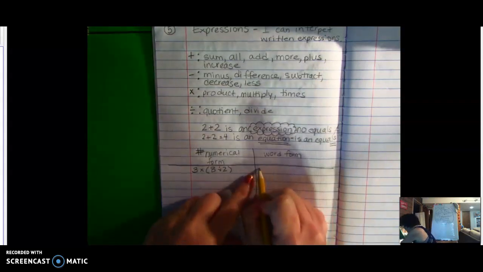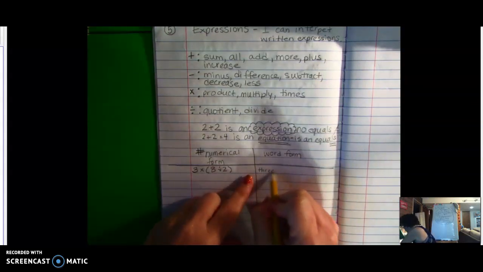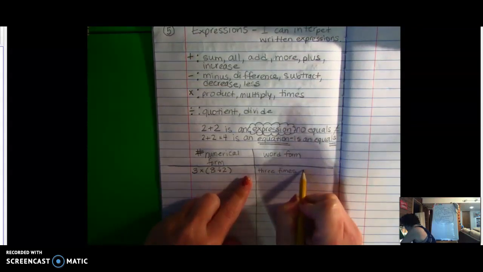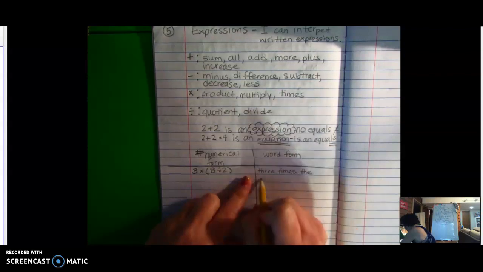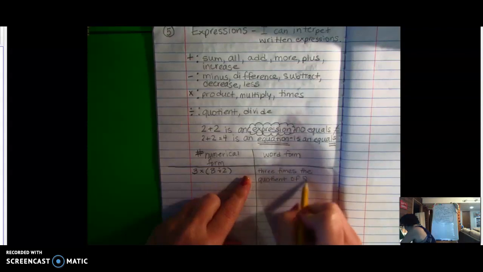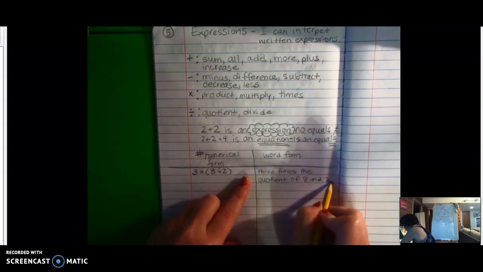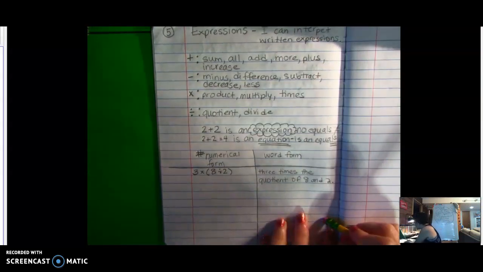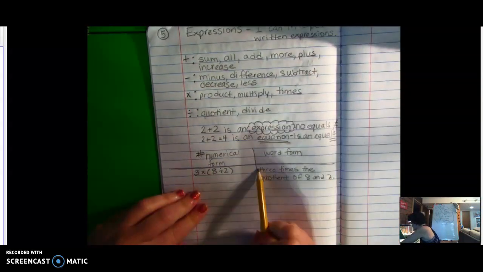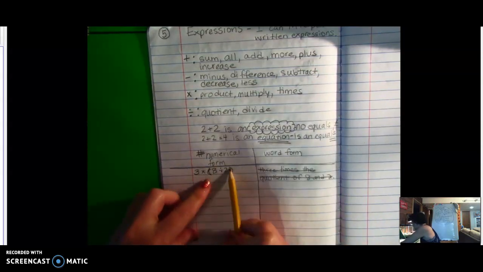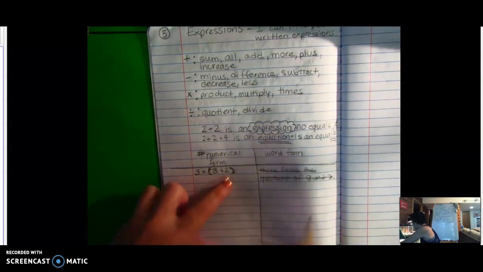So we have 3 times the quotient of 8 and 2. That might be a way to say it. But if we say 3 times the quotient of 8 and 2, then we haven't taken into account the parentheses. So that won't work. Because there are parentheses, I have to take this into account first.